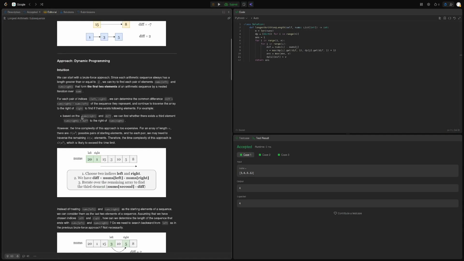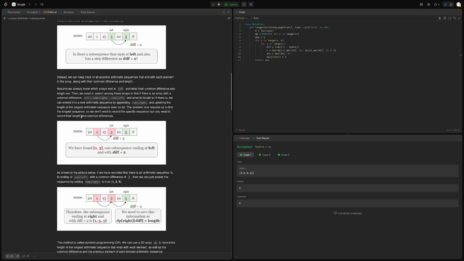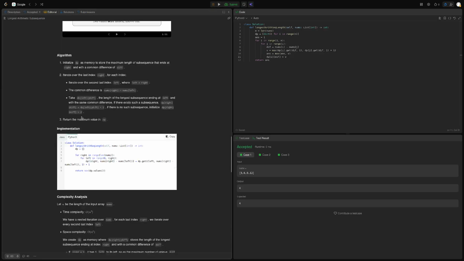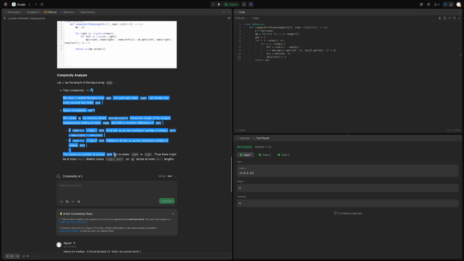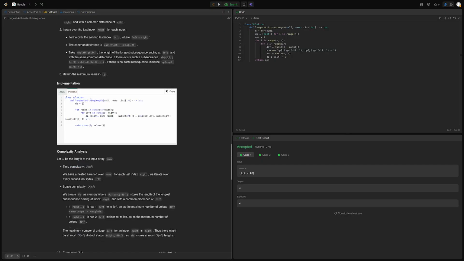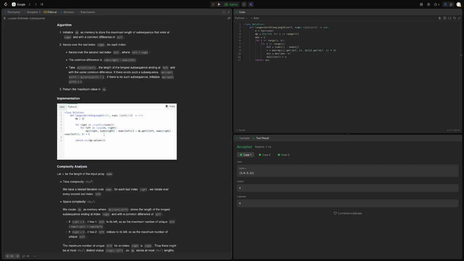Let's see what they say in the editorial. Dynamic programming algorithm. That's it. Oh, so you just, okay.